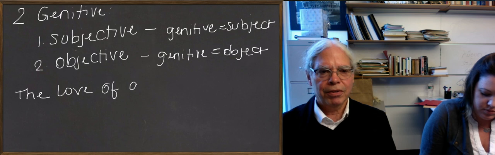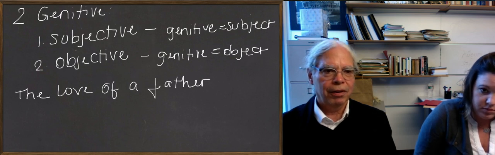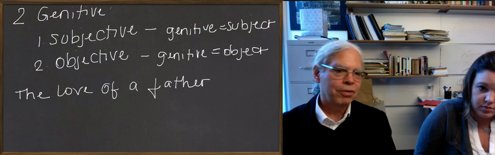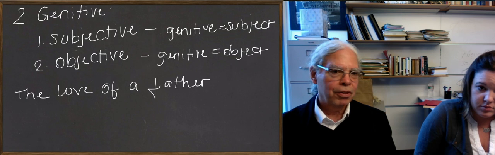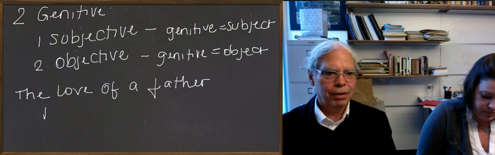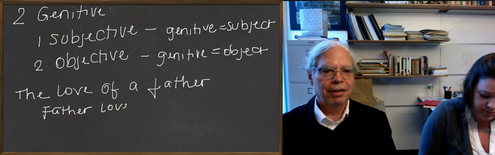There are two ways of understanding that. It can be the father loves someone, as the underlying sentence, in which case the noun father is the subject of the sentence. So why don't you write that down? The father loves X. That's a subjective genitive.